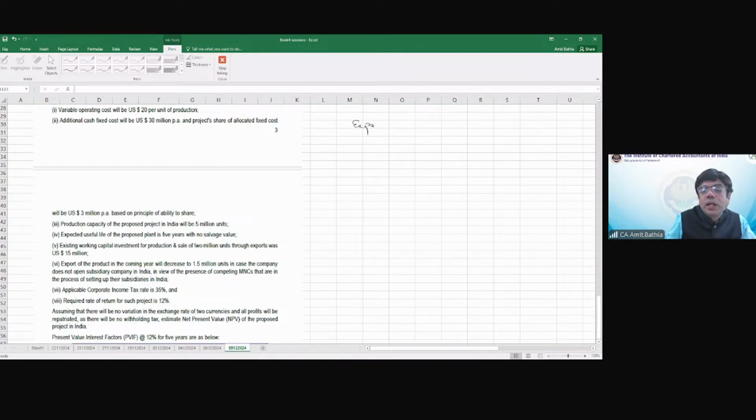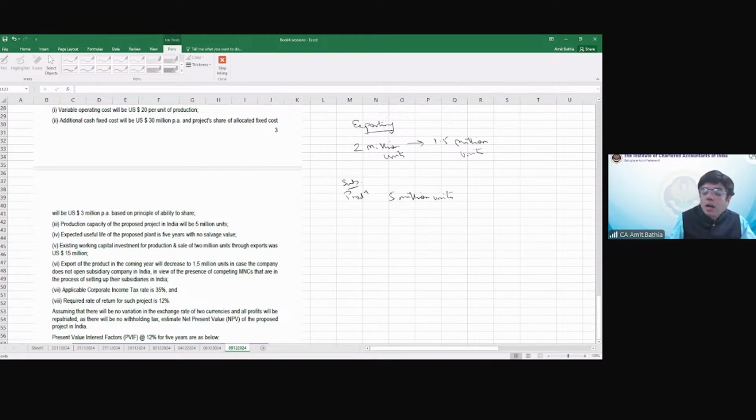You are currently exporting 2 million units, which is expected to reduce to 1.5 million units if you don't come out with a subsidiary. If you come out with a subsidiary, which is the new project, then the production capacity will be 5 million units of this production facility, which will be in India.